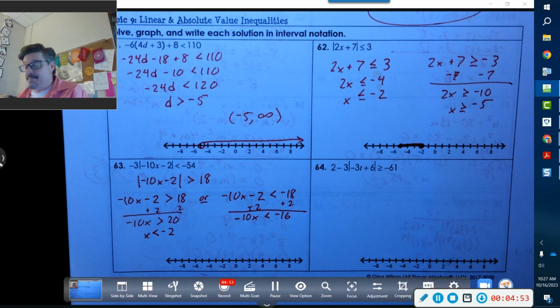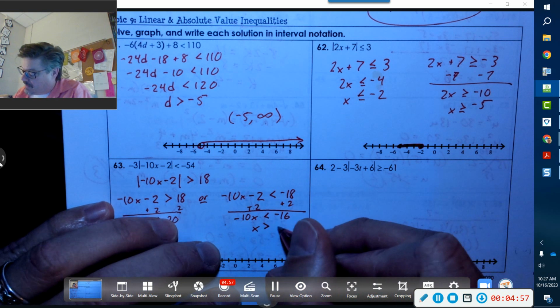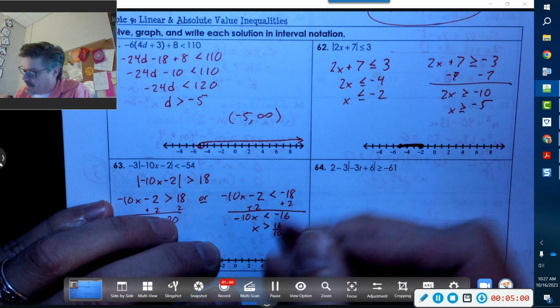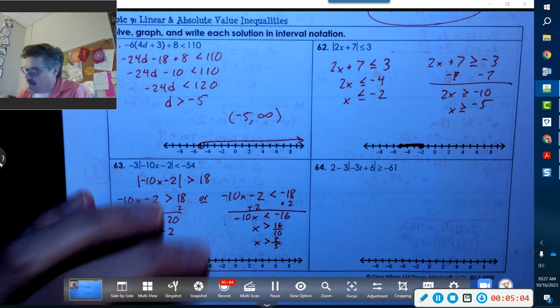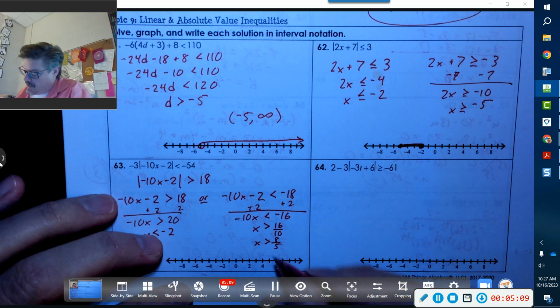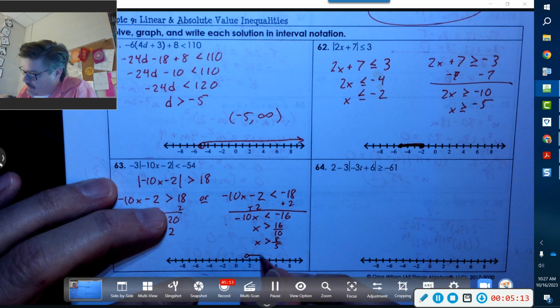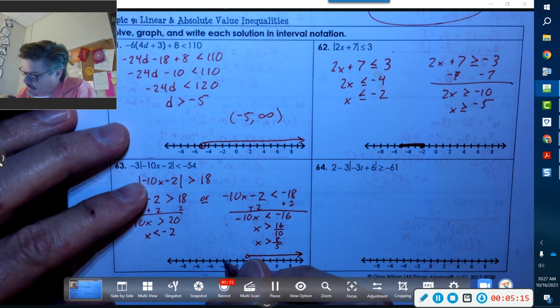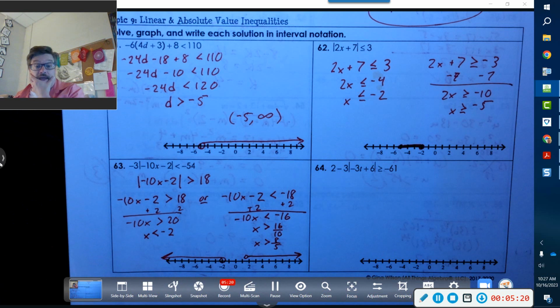Now I'm going to divide by negative 10, so I'm going to change my orientation here, so I get a positive 16 divided by 10, which is 8 over 5, which is 1.6. So that's roughly around here. So he would be greater than, and then this would be less than. There's our OR statement. Pretty tricky there.